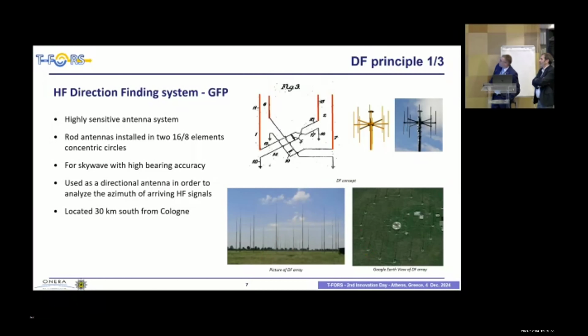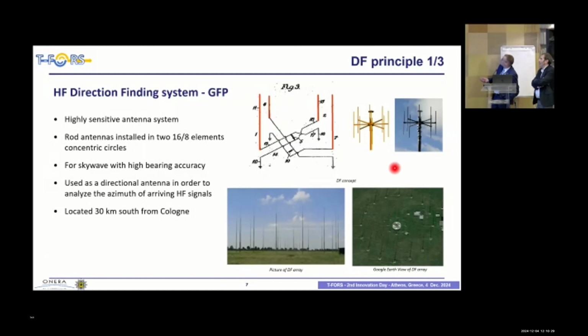If the wave is coming in, for example, from this side, the electromagnetic wave front has a higher voltage level than on the other side, and this difference can show you the direction where the signal is coming in. You can see these antennas work on this principle in very different ways.